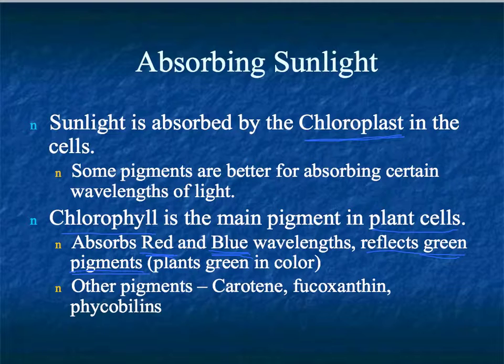When a plant is absorbing a color, it's taking it in, so basically you can't see it. Anything that it's not taking in, it's going to transmit, it's going to reflect, and that's why plants are going to appear green.